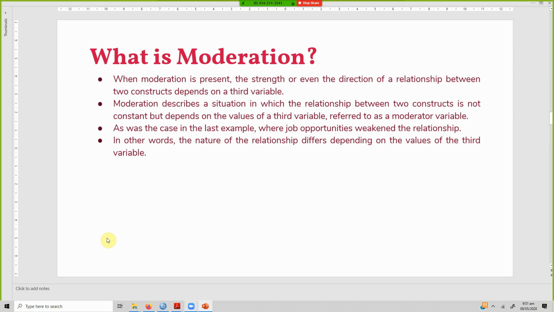Servant leadership might not be as effective in leading to improved life satisfaction because of these variables. What are those variables? Task complexity, role stress, role ambiguity maybe. These are moderating variables because they are changing the impact of IV on DV.